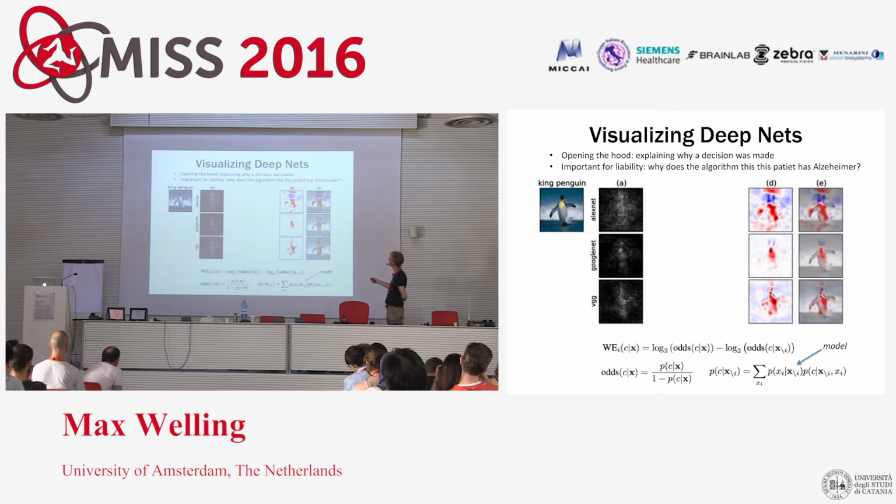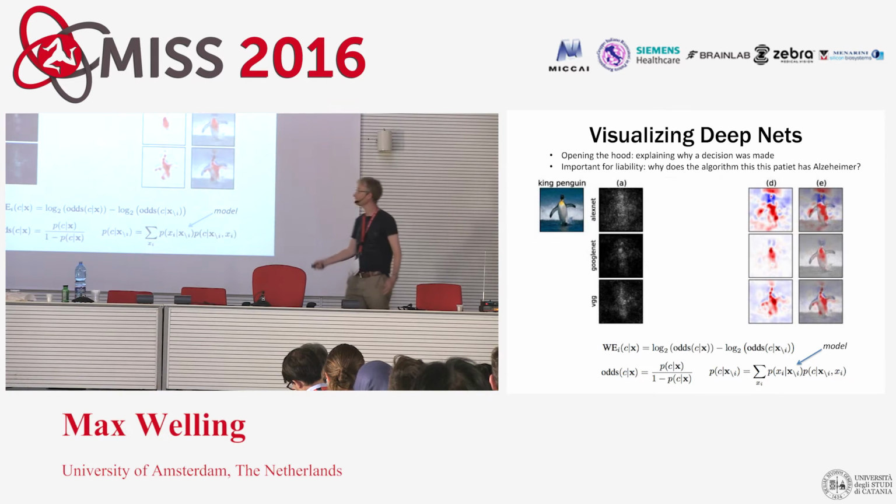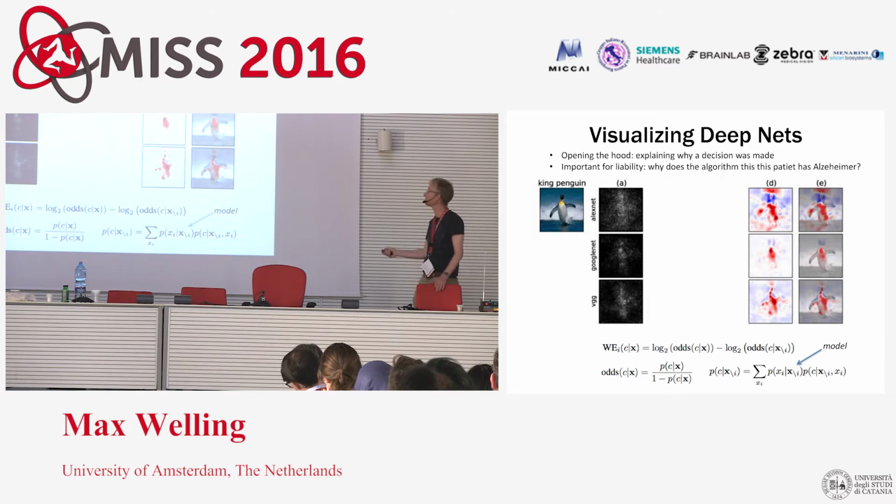So you see that there is positive evidence, which is here in red. The positive evidence is always on this region of the penguin because it's very distinctive, right? So it thinks that these are the most distinctive pixels in order to put that particular image in this class. And then, here around the head, it actually finds negative evidence.